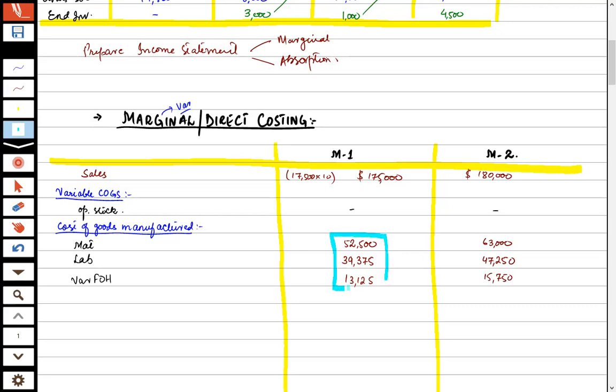So this total and this total would be 105,000. Let me calculate. It's 105,000 and 126,000.